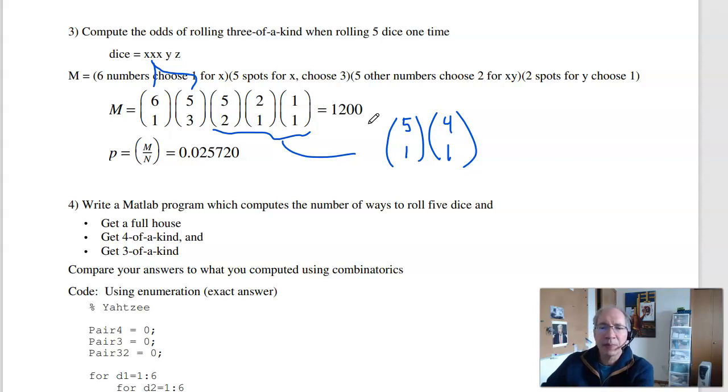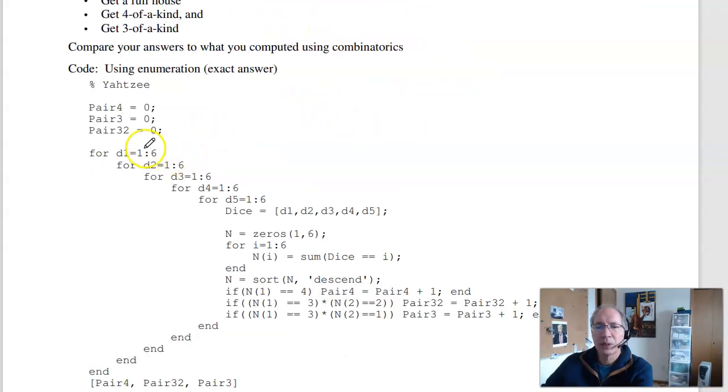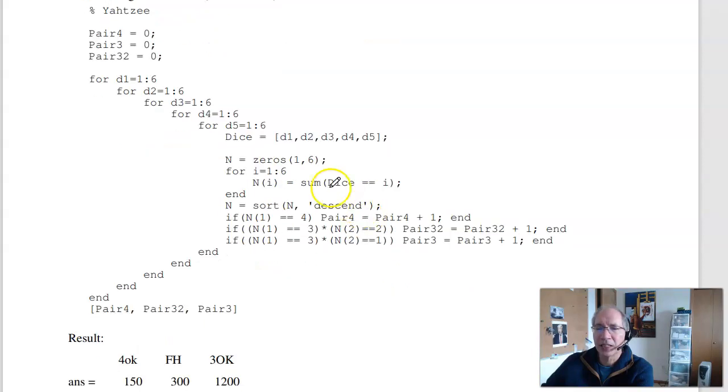Now I can check my answers. Using MATLAB, go through enumeration to determine the actual number of ways of getting 4 of a kind, 3 of a kind, and a full house. So here what I do is I go through every permutation. I'm going to roll 5 6-sided dice. Here's every combination of 5 6-sided dice, and then count the frequency of each number.